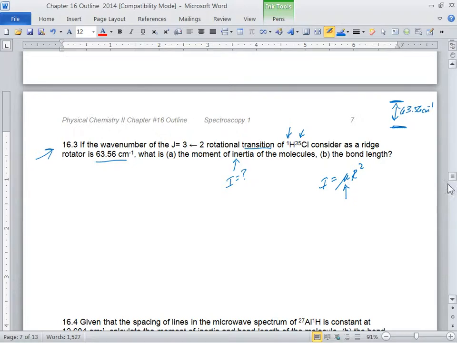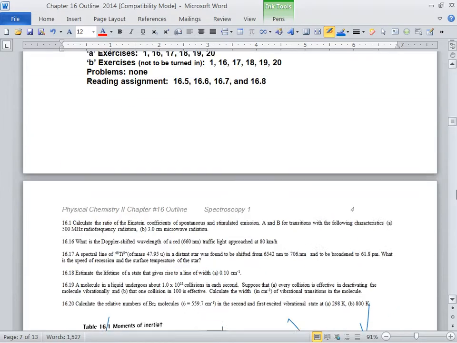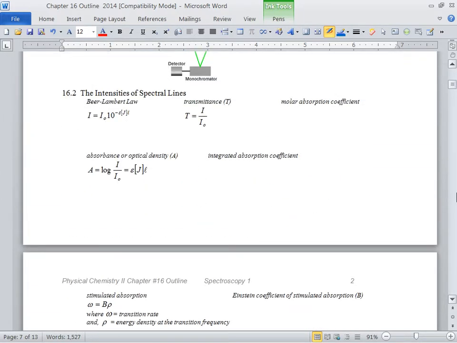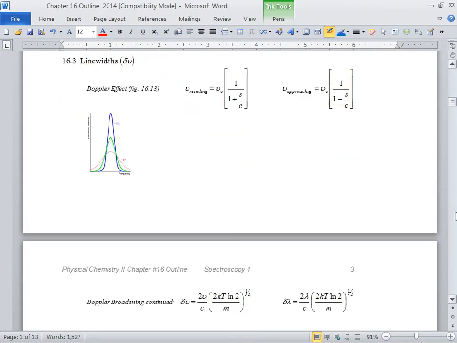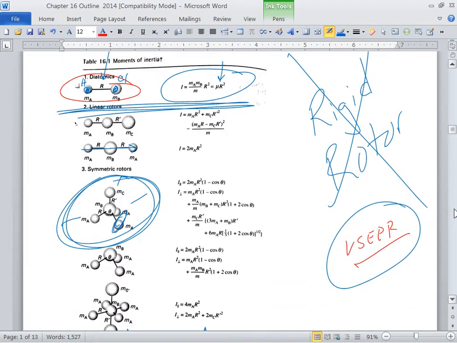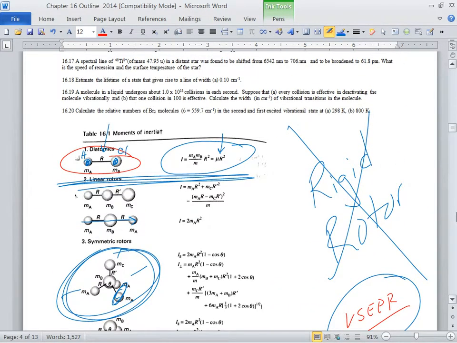Now, how do you get reduced mass again? It's in the book. There it is. What's the M on the bottom? Total. You just add them up, right? So I would put everything in terms of U. And then to get back into kilograms, remember we have that little conversion factor. I forget what exactly it was.